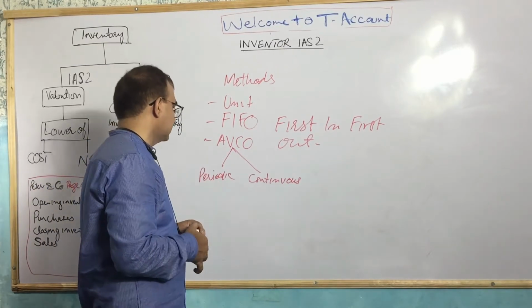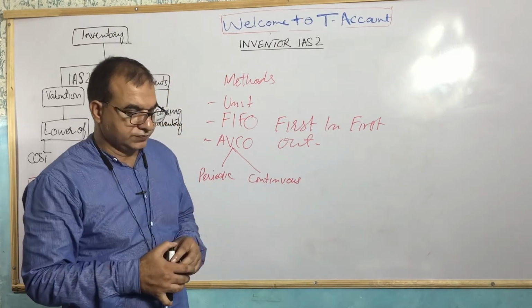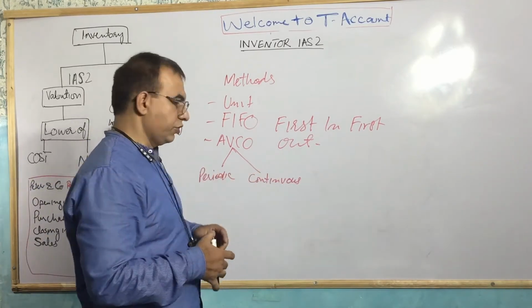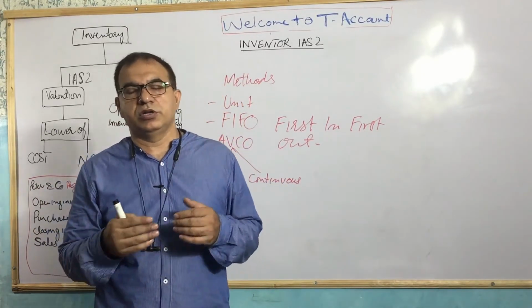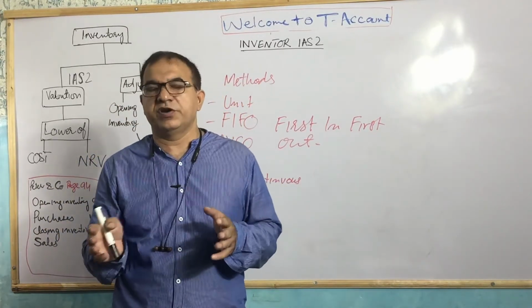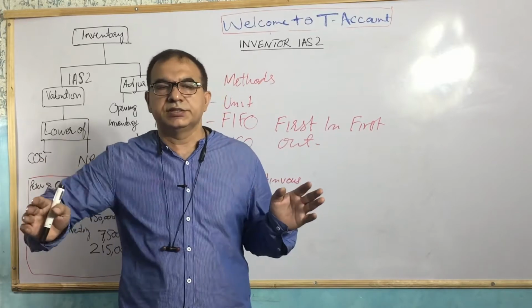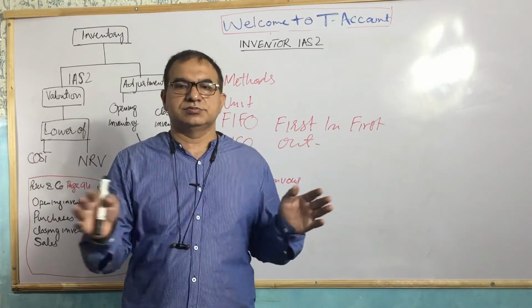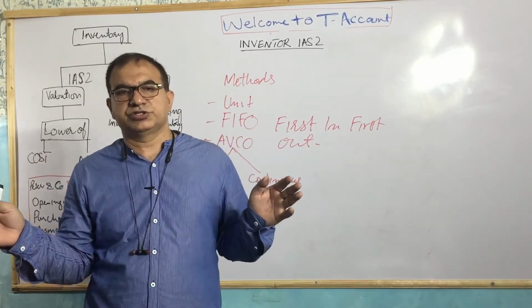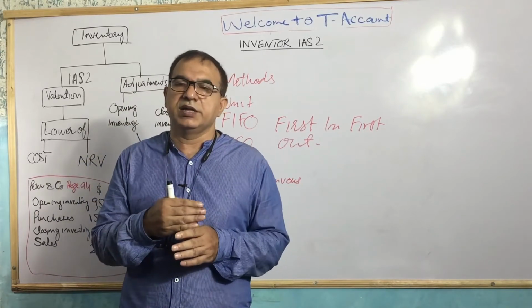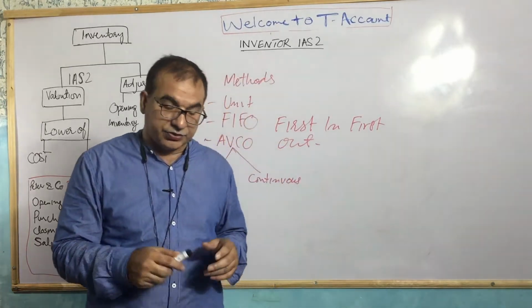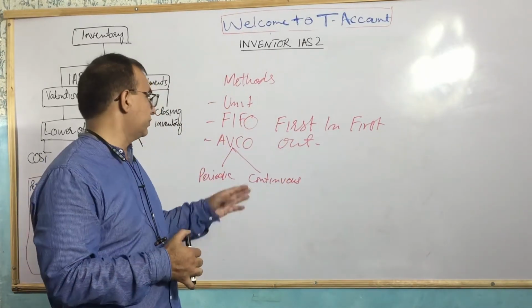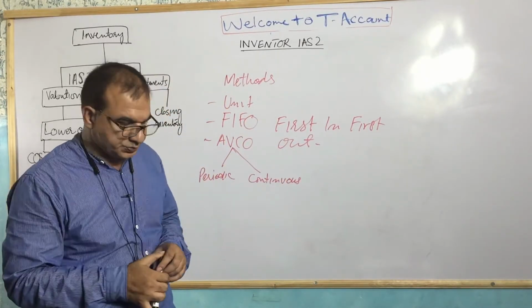Average cost, weighted average cost, periodic. Throughout the year, you keep on purchasing inventory at different rates. At the year end, you add up all the costs and divide it by the quantity, and whatever is the result is the rate per unit of your inventory.